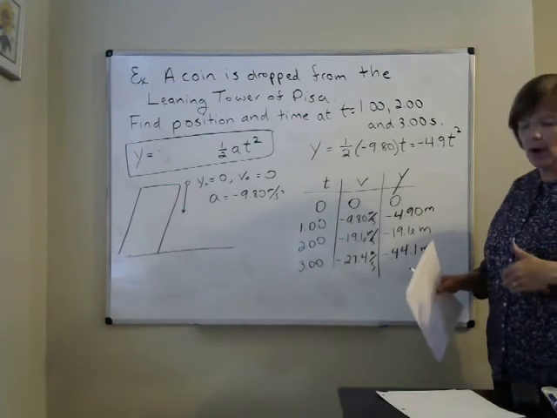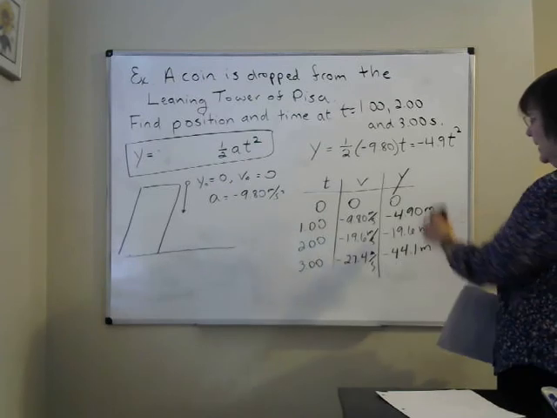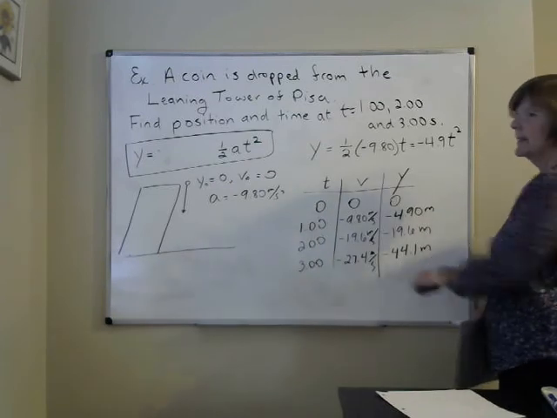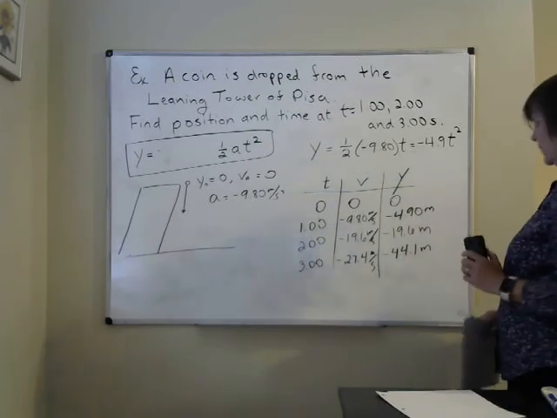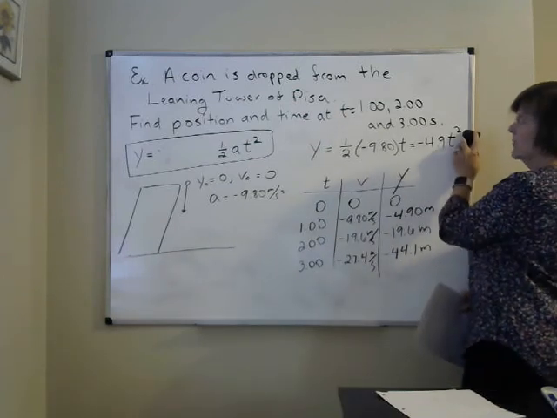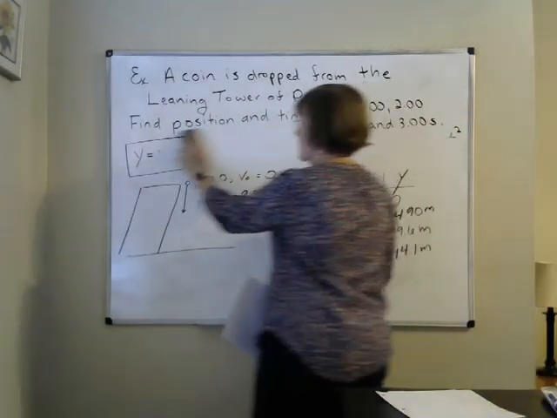Let's keep the problem, but let's erase the table. I do want you to remember, after 3 seconds, it's fallen about 44 meters. Just keep that in your mind. Keep the picture.